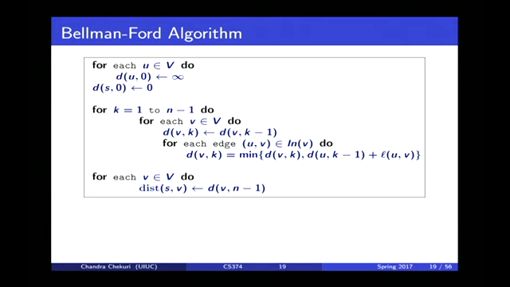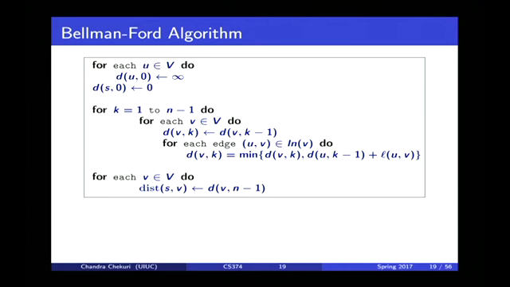So what is the running time of this algorithm? That's not clear, we'll come to that. If there is no negative length cycle, then the shortest path can have at most n minus 1 edges, and then we'll be happy.